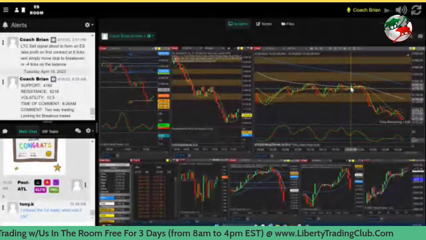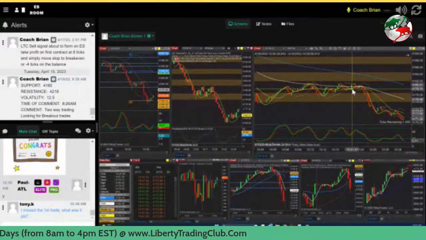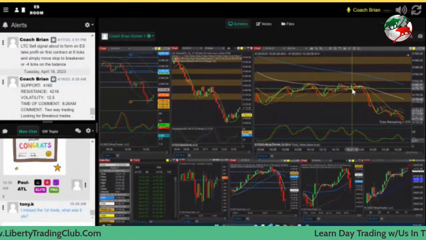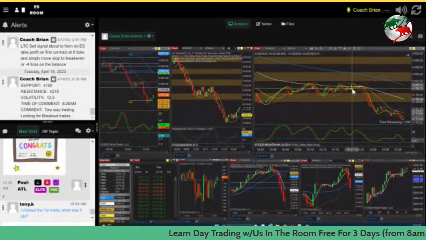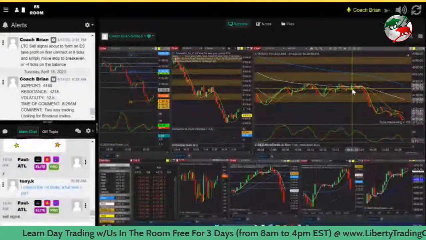Literally, we were right here. 10:20. Green candle started forming. 10:21, sorry. My words that came out of my mouth were take the next. Take the next sell signal.